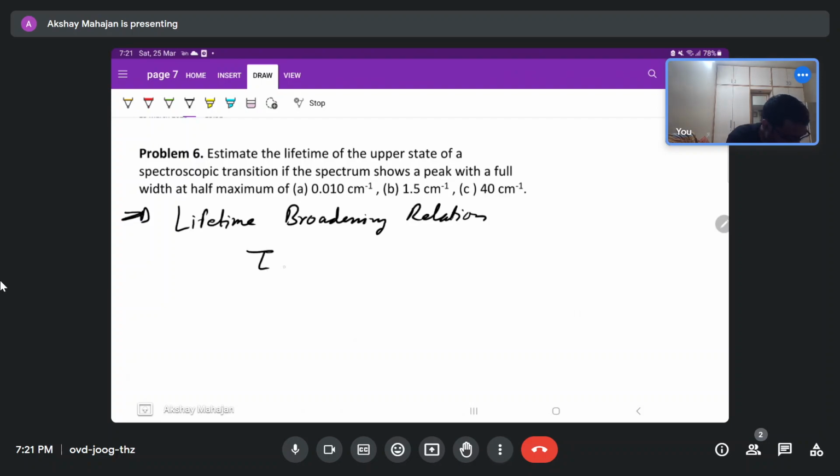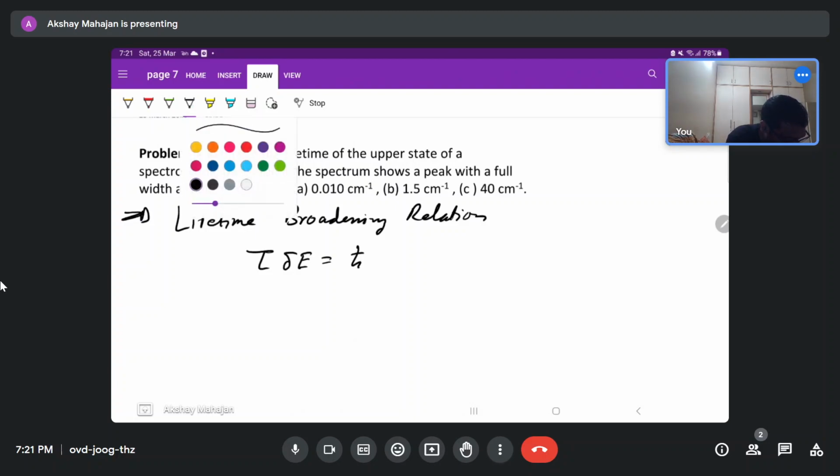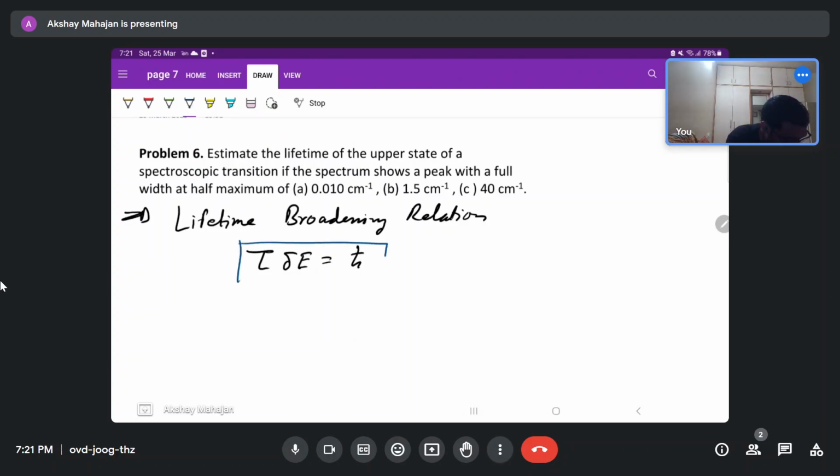The lifetime broadening relation is given by tau times delta E equals h cross.